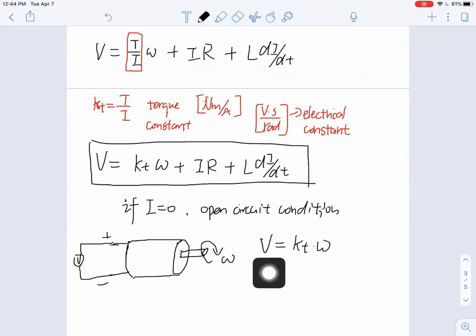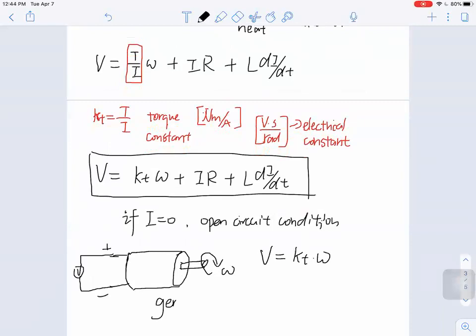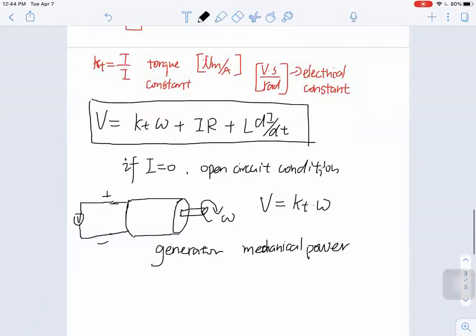And that voltage you read from the voltmeter is going to be KT times the angular velocity, omega. So under this condition, this motor is acting as a generator to generate power, to convert mechanical power to electric power.